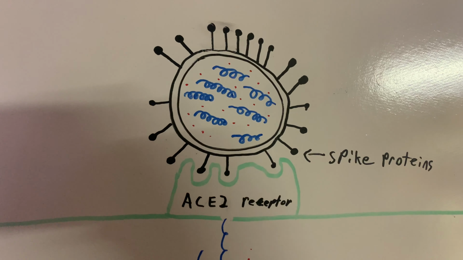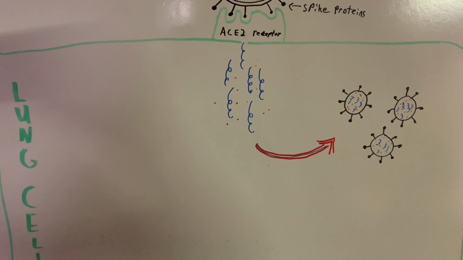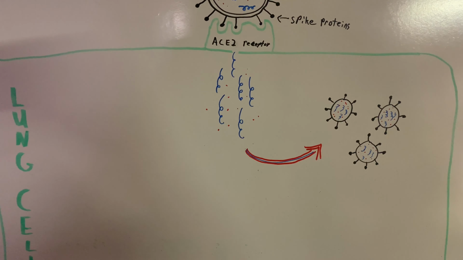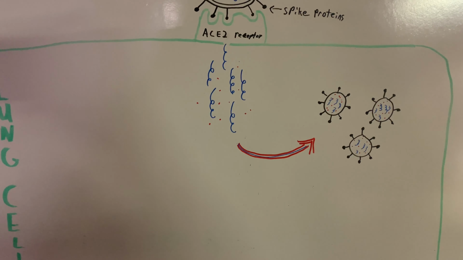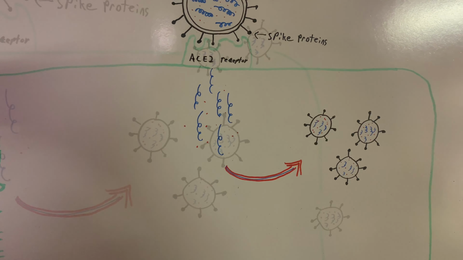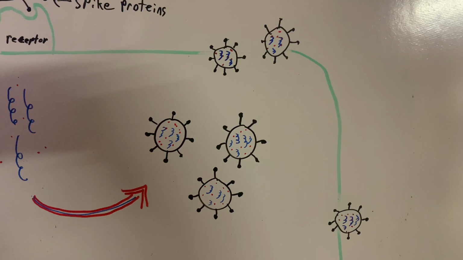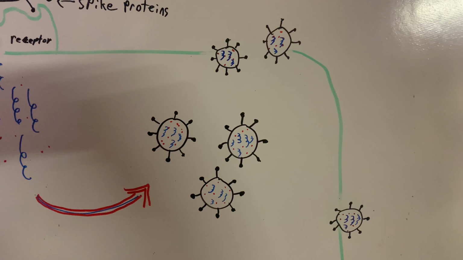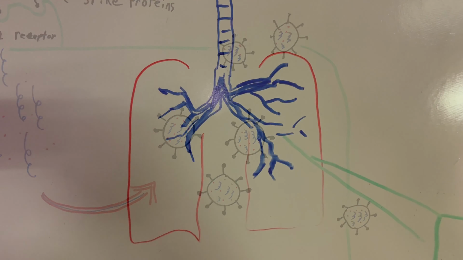Then once it has docked there, it releases RNA and enzymes into the lung cell and uses the substances and structures in the lung cell to create more virions, more particles of virus. The viral particles then begin escaping by breaking through the membrane of the cell, and this is where things start to get interesting.